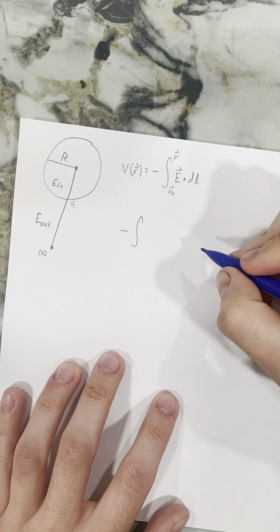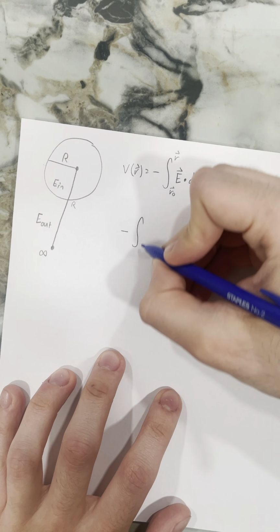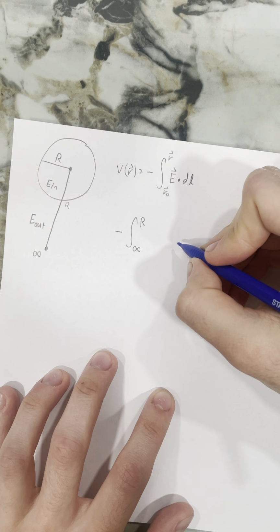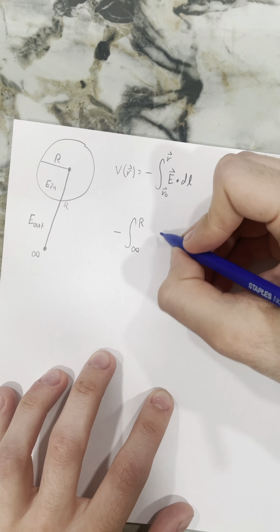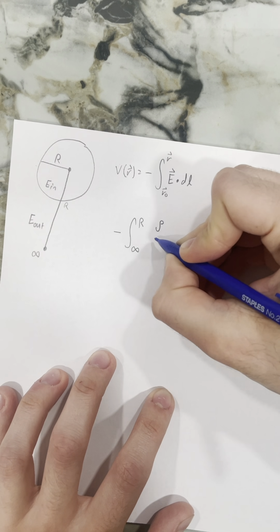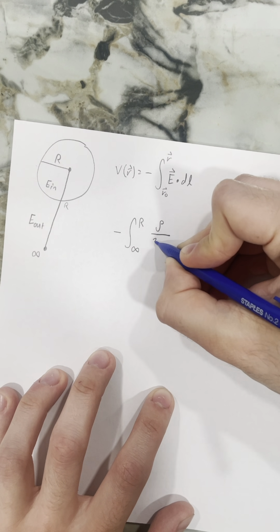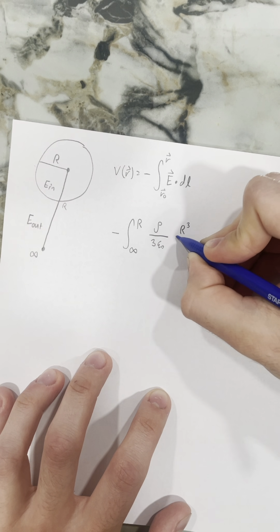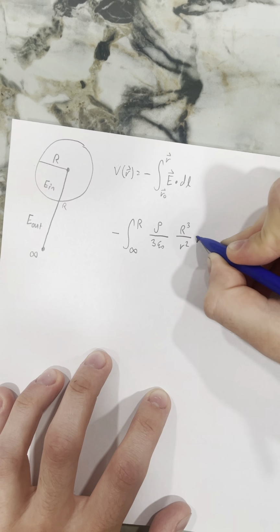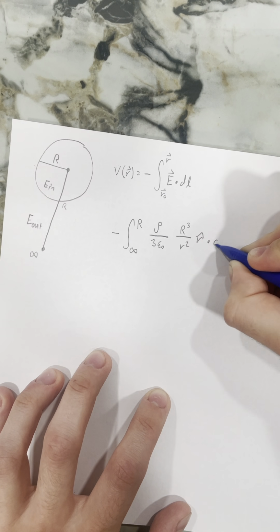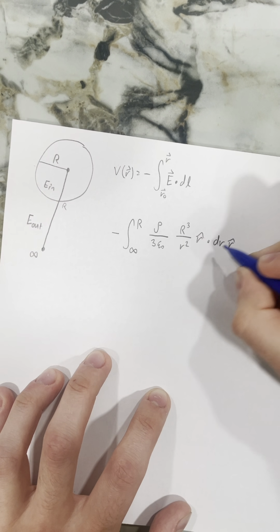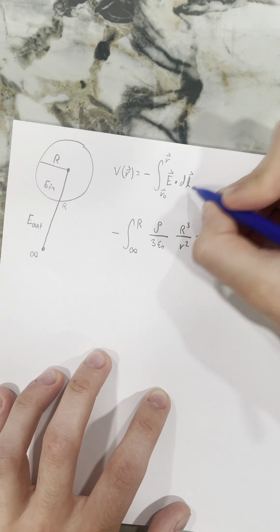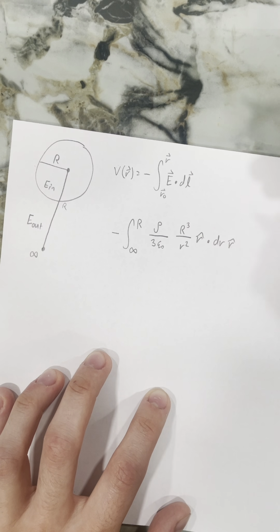The first one being that of the outside, where we're going to have the lower bound of infinity, our bound of capital R, with the electric field from the outside being the free charge density over 3 epsilon naught times capital R cubed over r squared r hat dotted by dr r hat, which dr r hat is just equal to a differential length, a differential path element, I mean.